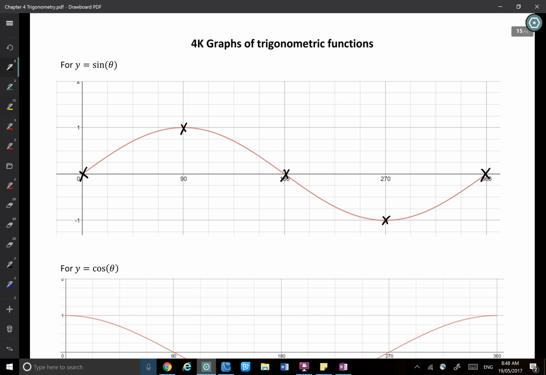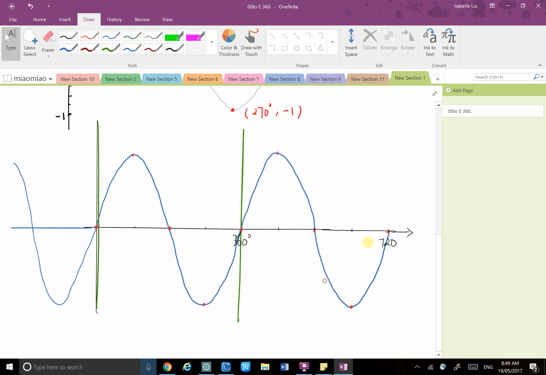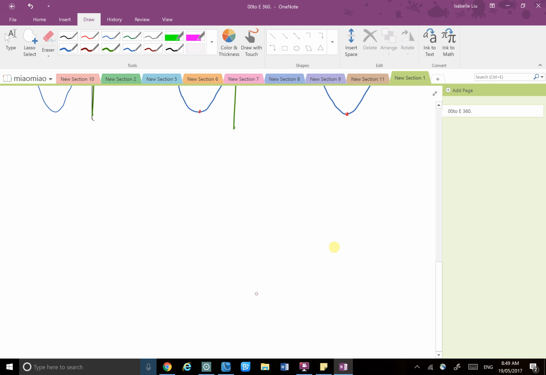Then let's think about the cosine graph.